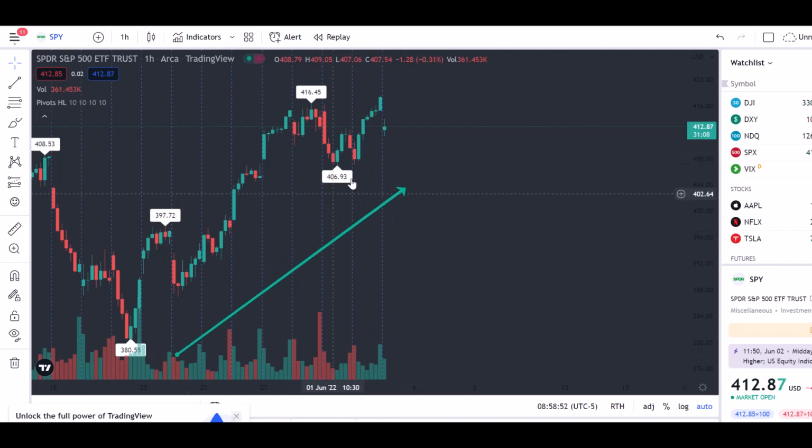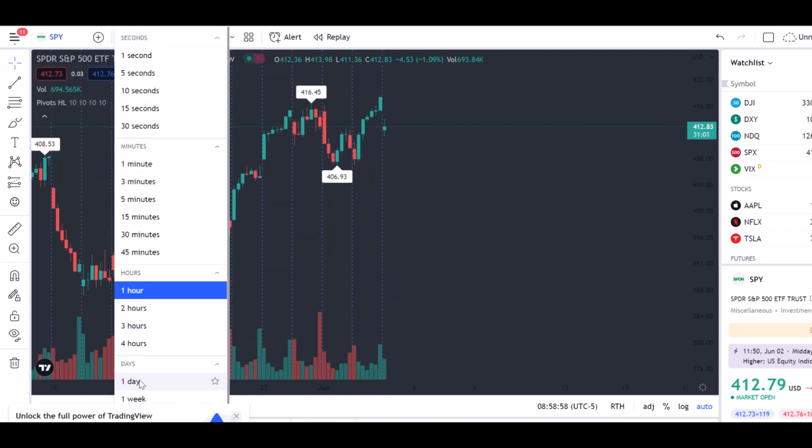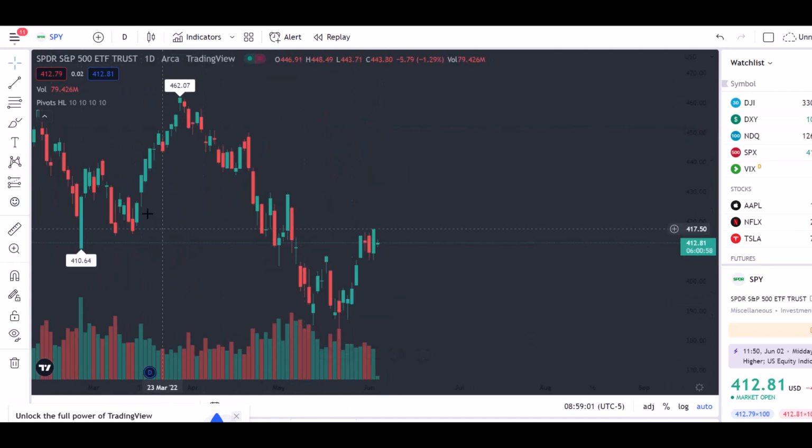So will this continue? We don't know yet. We may have to zoom out even further, back to the daily, and see, wow, lots has happened. We may be coming up against a lot of price action here, so we may not be able to make an entry on either the short or the long side.